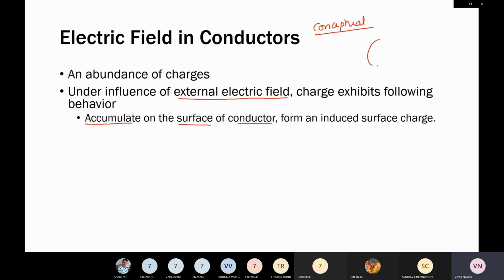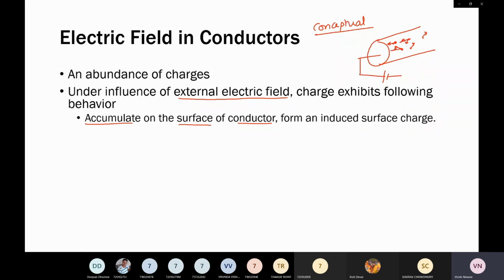If, let us say, we have a cylindrical shaped conductor, initially it has some free charges. Those are moving in random directions. But as soon as we apply some sort of external electric field, they get oriented in a certain direction.